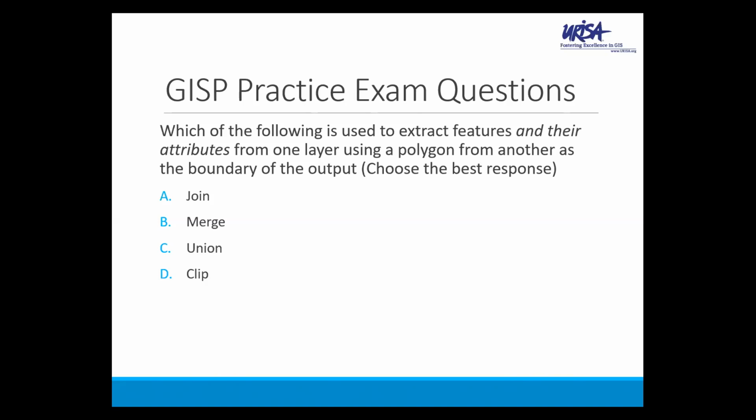I would do this one of two ways, and you could do it with a clip, and that would extract the data from either a raster or a vector data set using the boundary of another polygon. So in this case, I would choose a clip.